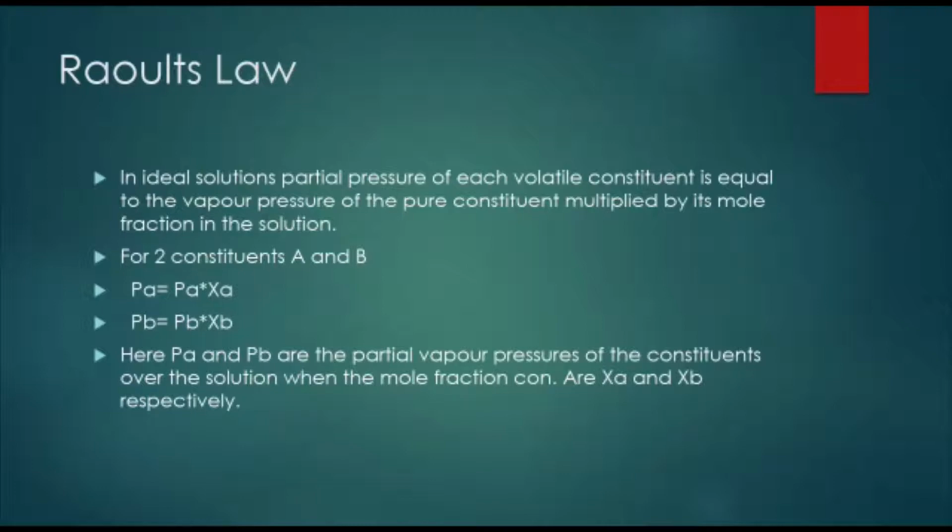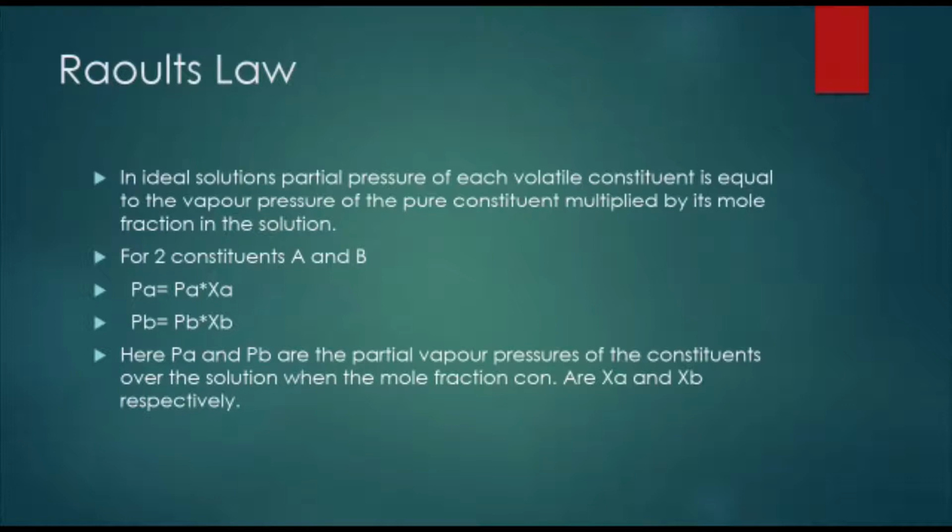This is the statement given by the scientist Raoult, and based upon his statement we arrive at a mathematical equation: the partial pressure of component A is P0A into XA, where P0A is the pure vapor pressure of A and XA is the mole fraction of A, while PB is equal to P0B into XB.